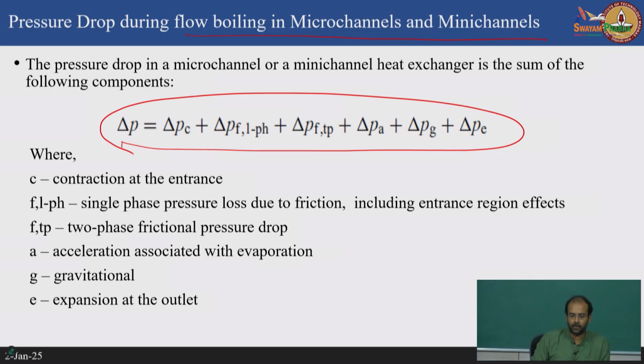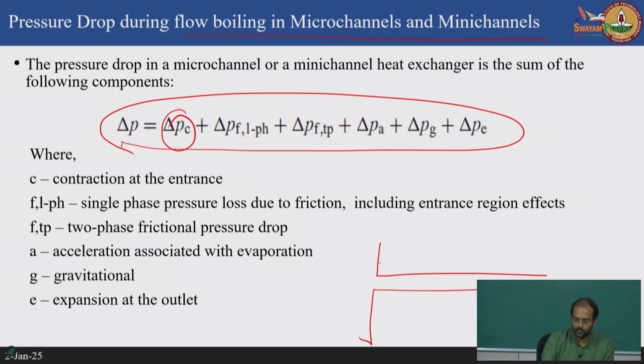When you are modeling this, you have to account for a lot of things. One is the contraction loss at the entrance of the tube, because in a small size tube you are entering from a very large aperture into a very small diameter, so there is a substantial loss due to contraction of the fluid. Therefore, you have a contraction loss which you have to account for at the entrance of the tube.